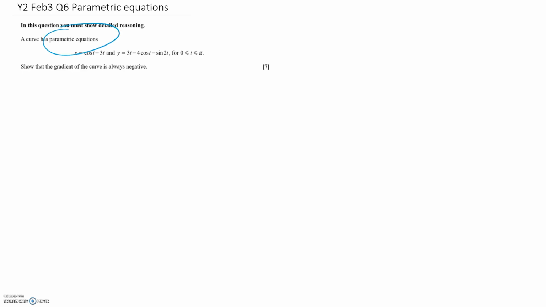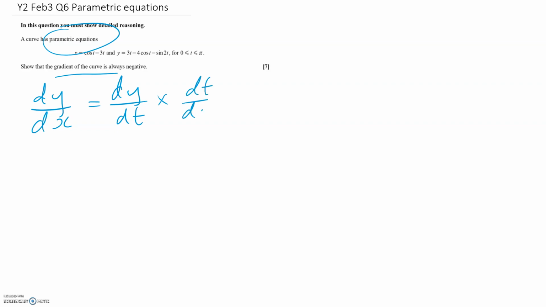This question is on parametric equations, and it's talking about the gradient of the curve, which means we're going to need to find dy by dx. Now, when you've got parametric equations, dy by dx is dy by dt times dt by dx, and you can see here that the dt's would cancel to leave you with dy by dx.